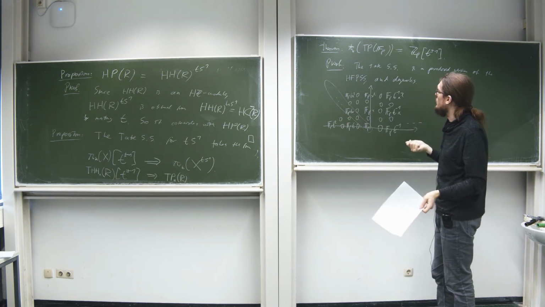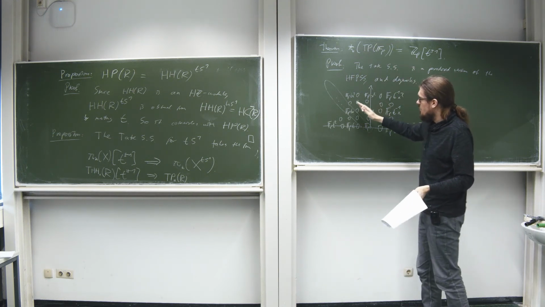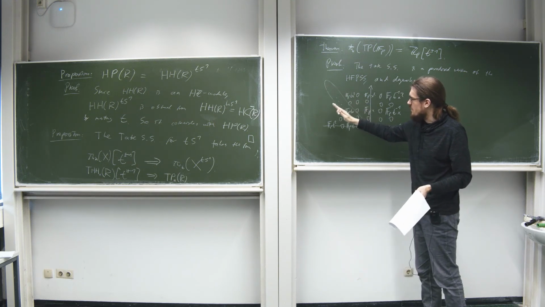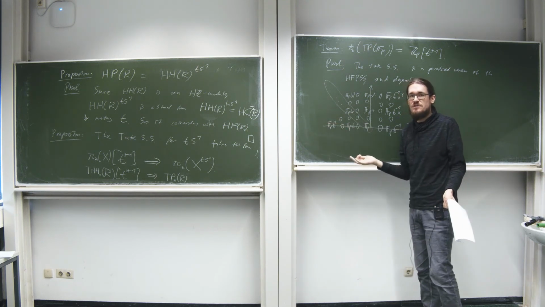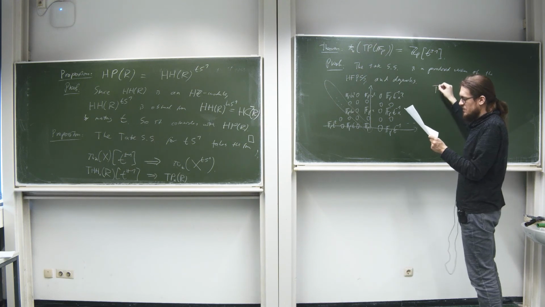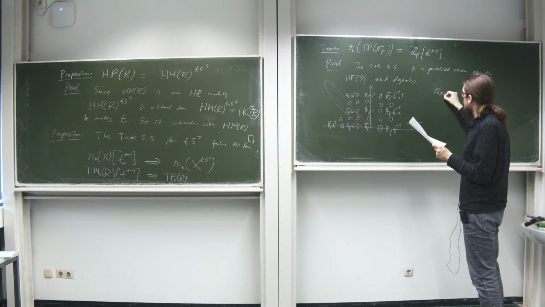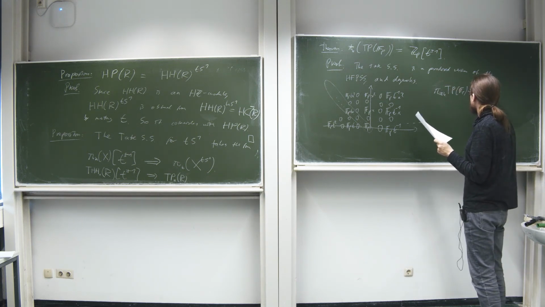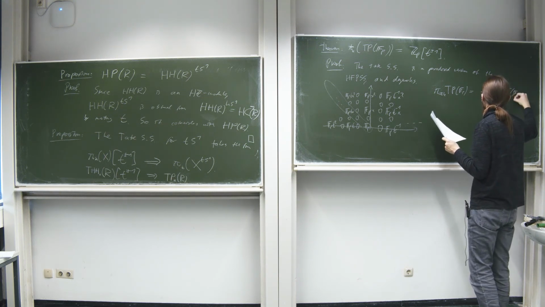And that's compatible with the map from Tc minus to Tp. So in negative degrees, this diagonal, this diagonal, this diagonal, it's just an isomorphism, right? So in negative degrees, we have pi minus 2k of Tp of Fp is the same as pi minus 2k of Tc minus of Fp.